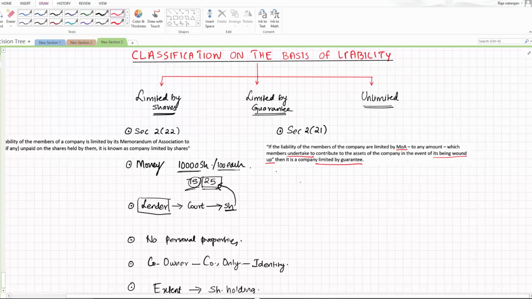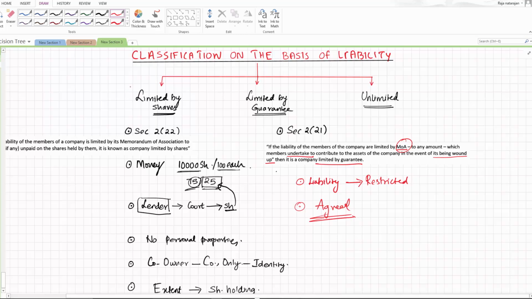So what is happening here? The liability of the members is restricted to the sum mentioned in the memorandum of association. So members cannot be called to contribute beyond the agreed amount.